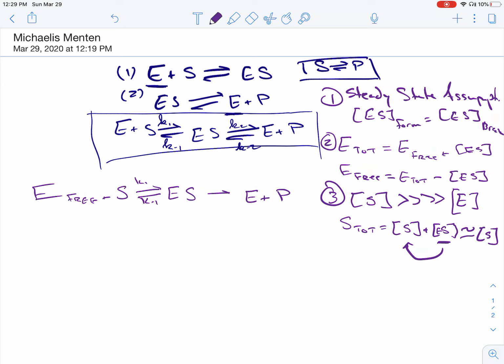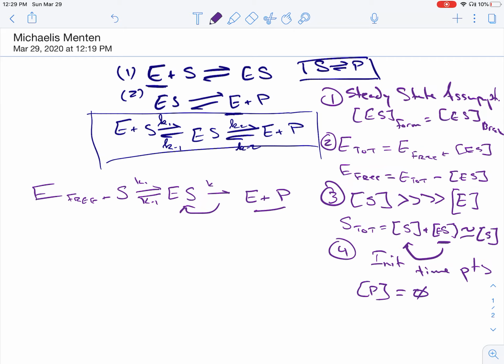Now we're going to limit our view to initial time points. At the initial time point, product formation is negligible. So there is no product, right? And that means if there's no product, there's no way for the reverse reaction from E plus P to ES to go through.